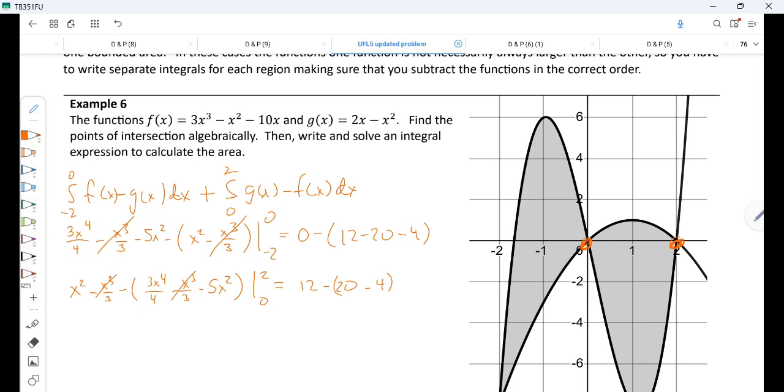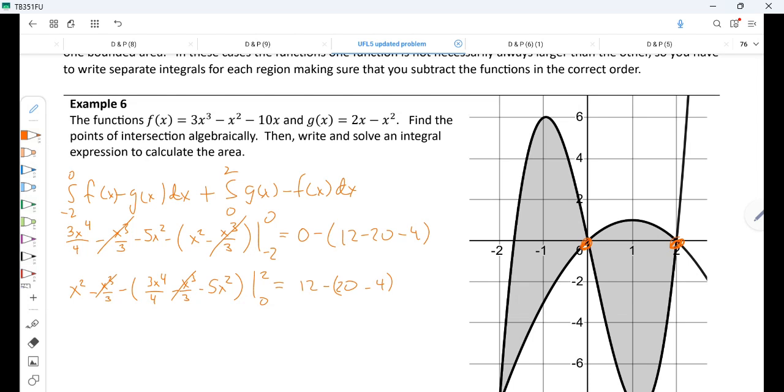Yeah, I don't know why. I feel like I'm getting the... That shouldn't happen. Both areas should be positive. Uh-oh. Yeah, both areas need to be positive.